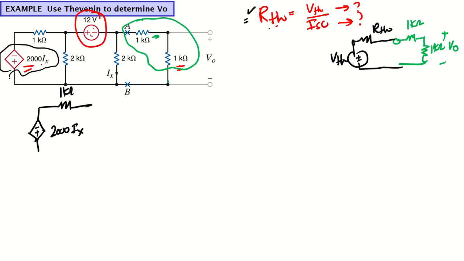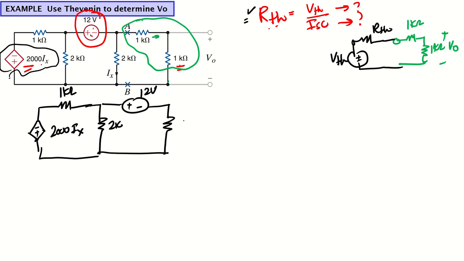This is 1k, then this is 2k, then I have a voltage source here which is 12 volt, then I have this 2 kilo ohm here. So this is the ix flowing through this one, and here we remove our load. So this is the point from where we need to calculate the open circuit voltage, or Thevenin voltage.